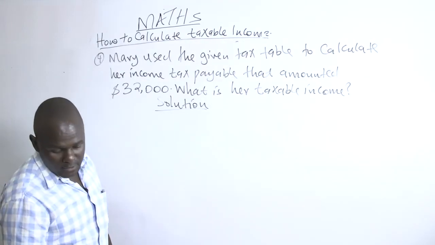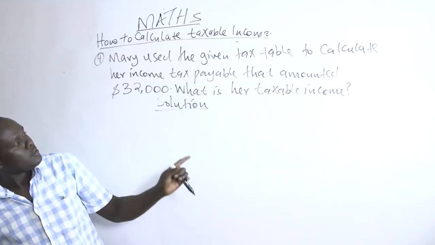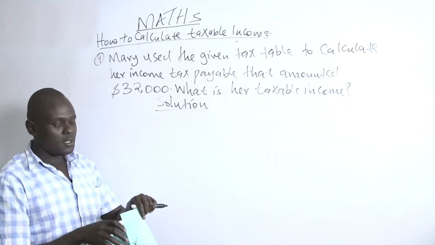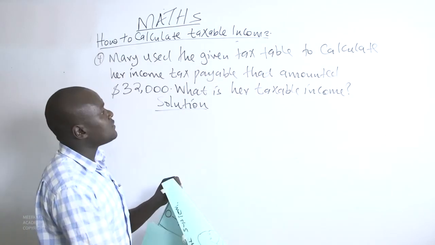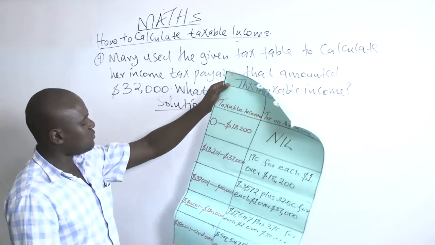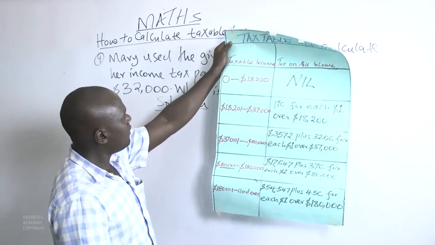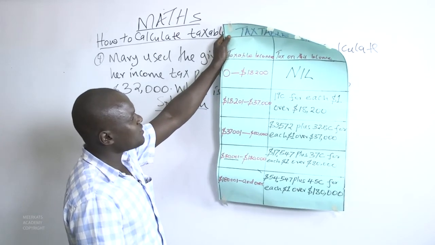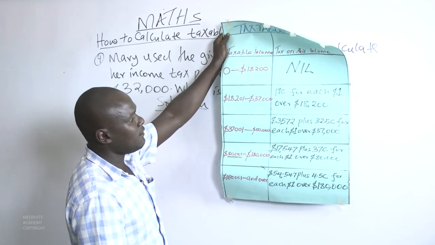So you will realize that with this particular amount, we need to go back to our tax table. Try to find out which tax bracket could they have used.